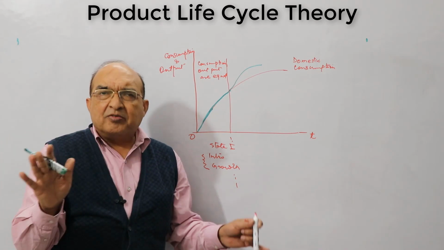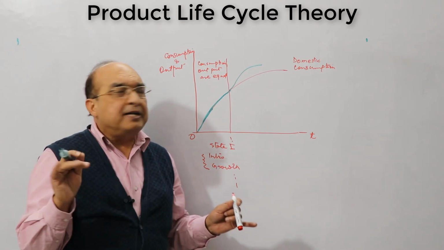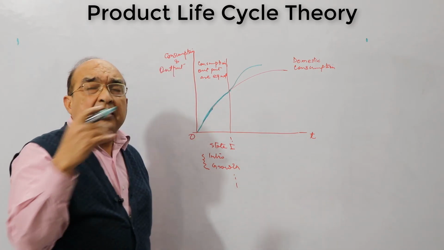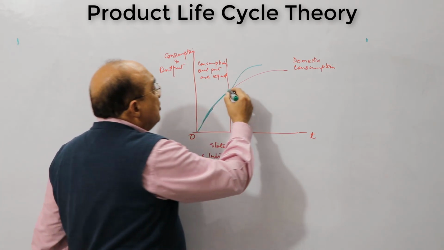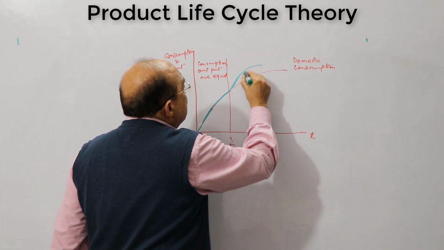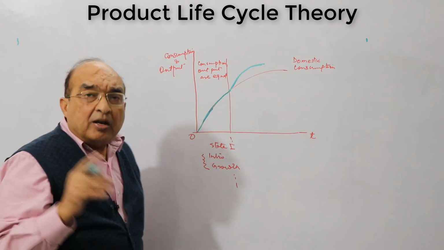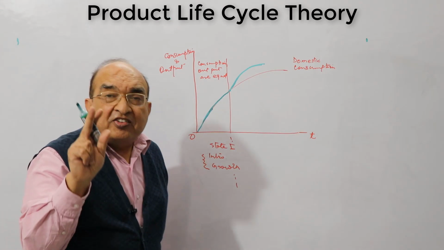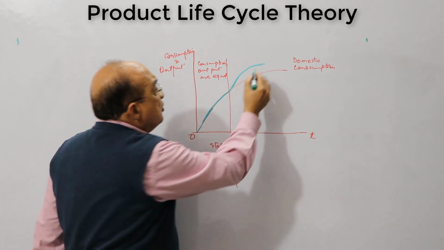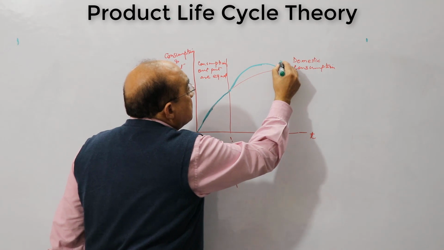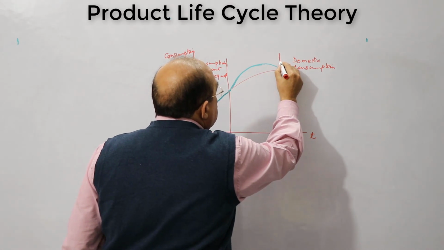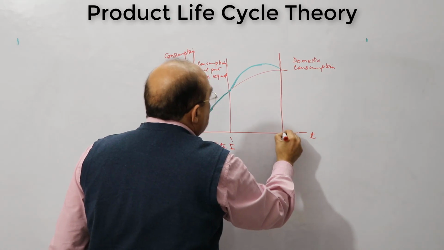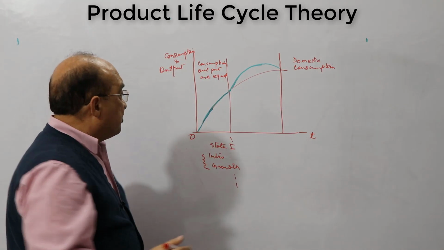Now the good becomes popular and people start consuming it, and it enables the producer to produce more. This increase in output surpasses the domestic consumption. So this is stage 2, the maturity stage.